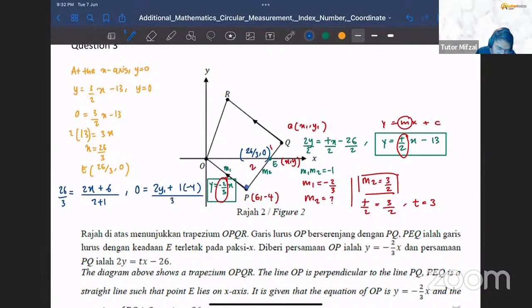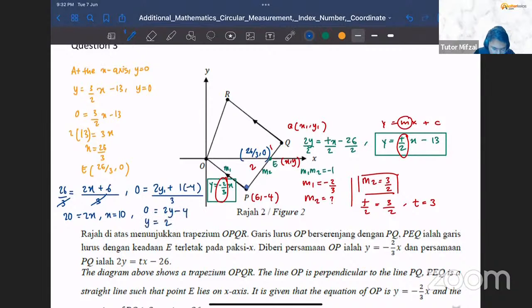Okay, so calculating all of this, you ganti dapat 3, betul tak? Dapat 3 kat sini. So bawah ni ada 3 boleh cancel. So 26 equivalent to 2x plus 6. 26 minus 6 is 20. So x is equivalent to 10. And then 2y, 0 is equivalent to 2y minus 4.